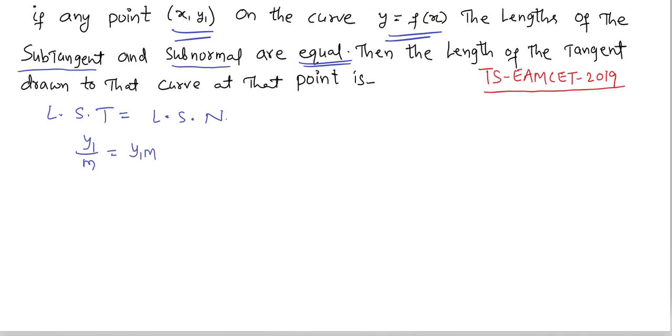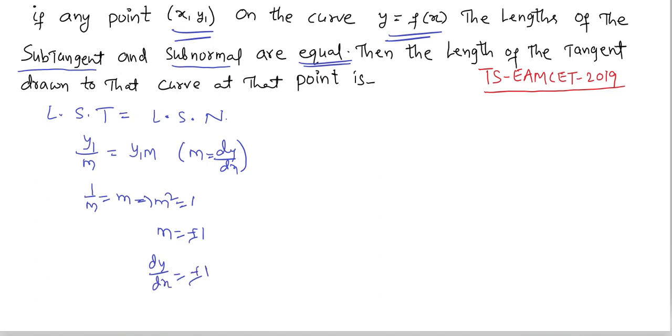The length of the subtangent at (x1, y1) is y1/m, and the length of the subnormal is y1·m, where m = dy/dx. On both sides y1 cancels, so 1/m = m. From this, m² = 1, m = ±1. That means dy/dx = ±1.